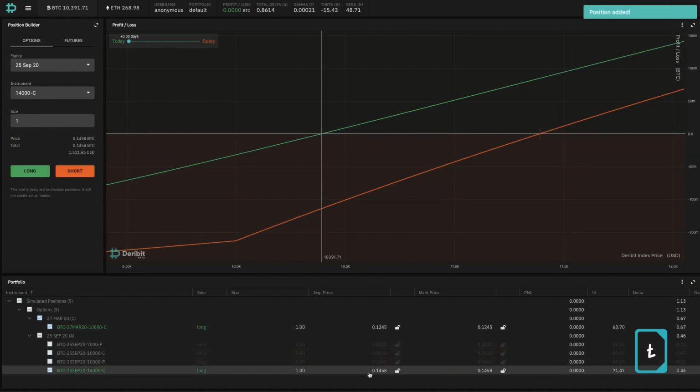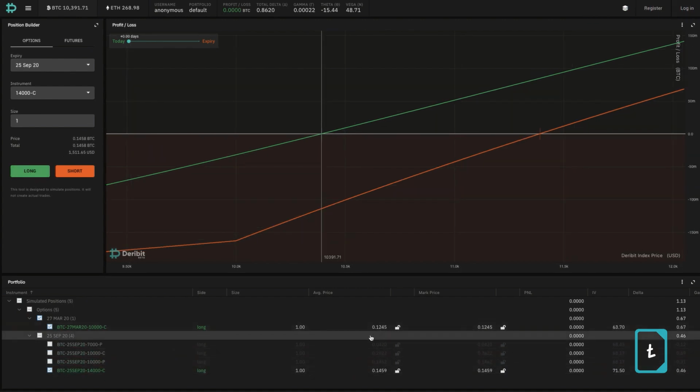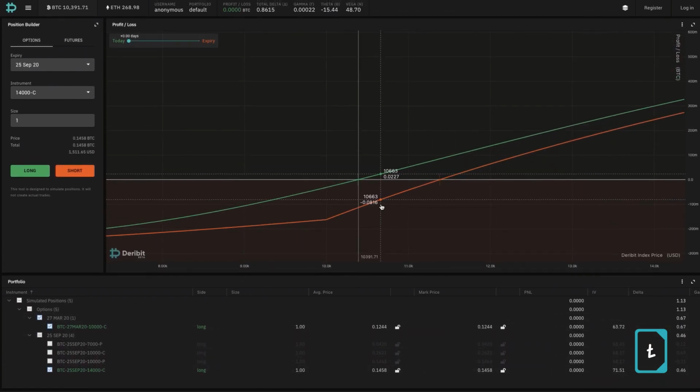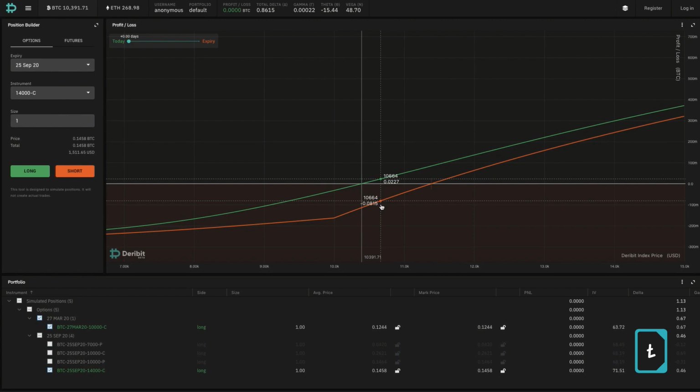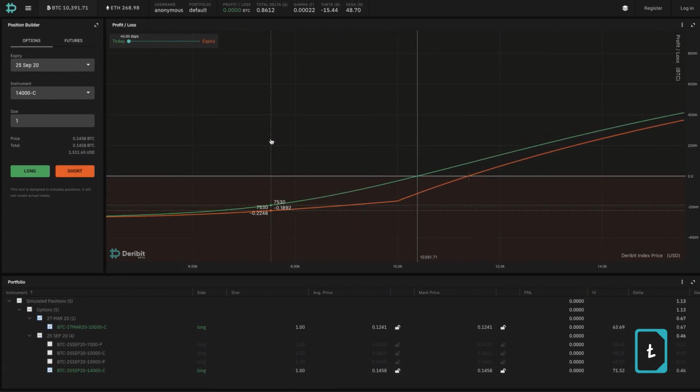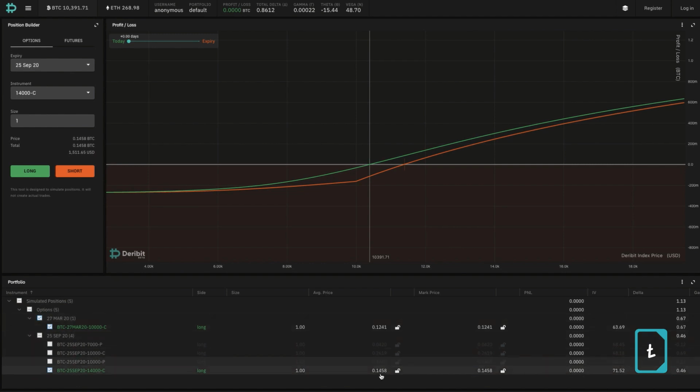So now you've spent roughly 0.29 BTC, but you have 2 Bitcoin worth of exposure at 10 and 14K. And your downside is that full 0.29 BTC. That's what you stand to lose.